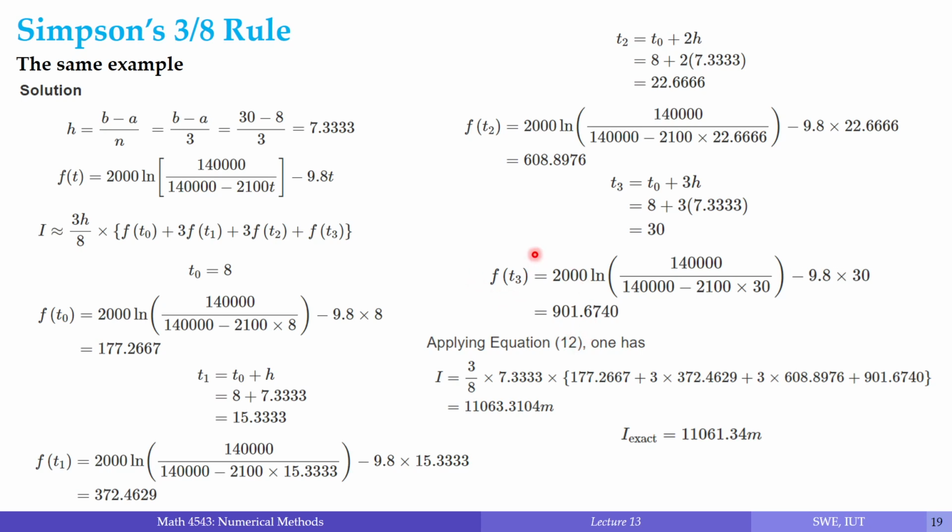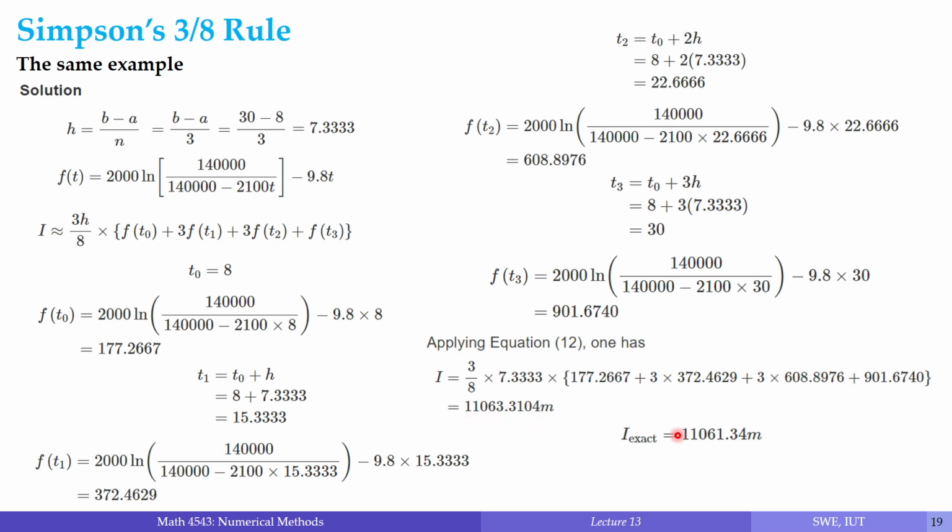We have the functional values, we know the value of h. Now we can simply use this formula over here and find our approximation of the integral. So we know 3 by 8 times h is 7.33, and we have already derived these functional values. We put them in their respective places. We see that what we end up with is something like 11,063.3104 meters.